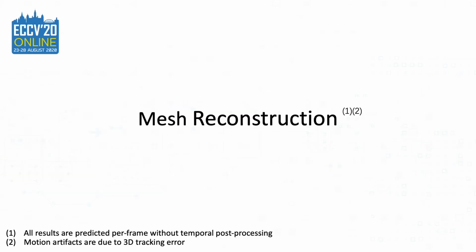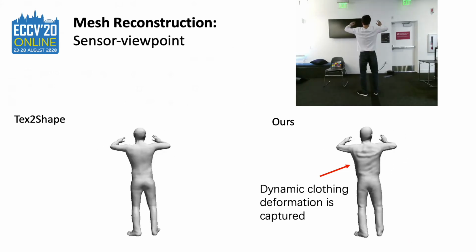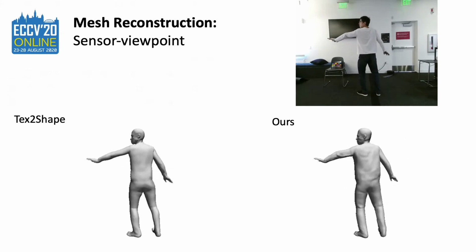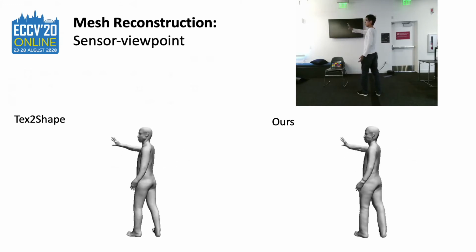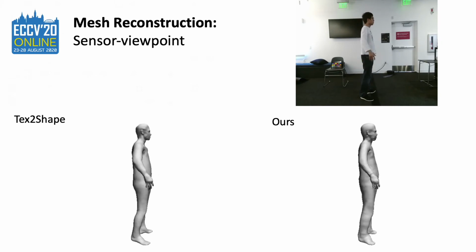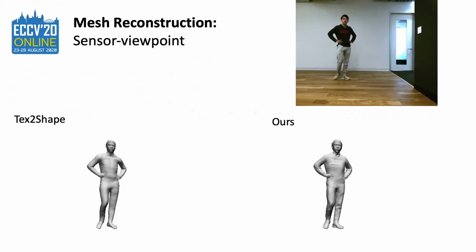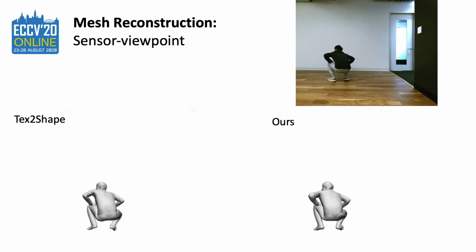Here are the mesh reconstruction results. We reconstruct spatial temporally consistent detailed meshes, including dynamic clothing deformation. Compared with the baseline, our result includes more details and is more temporally consistent.